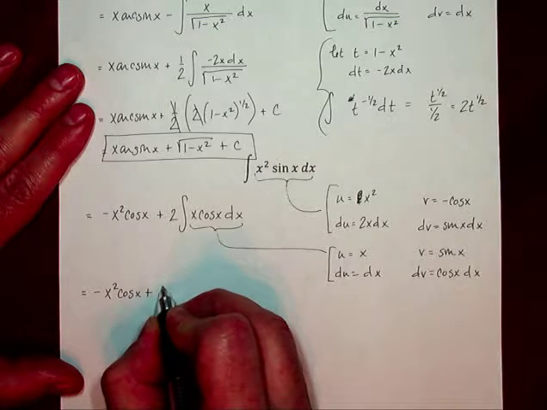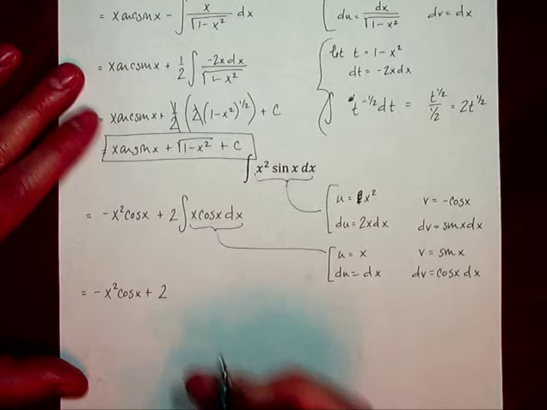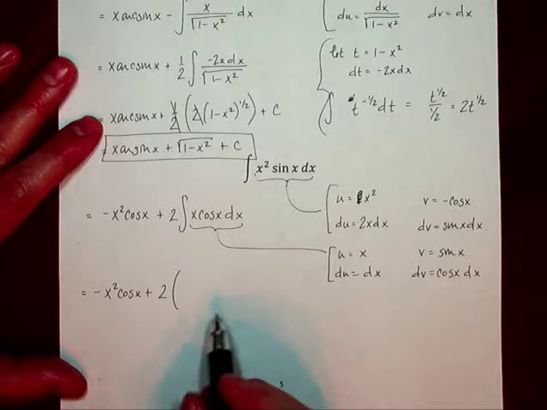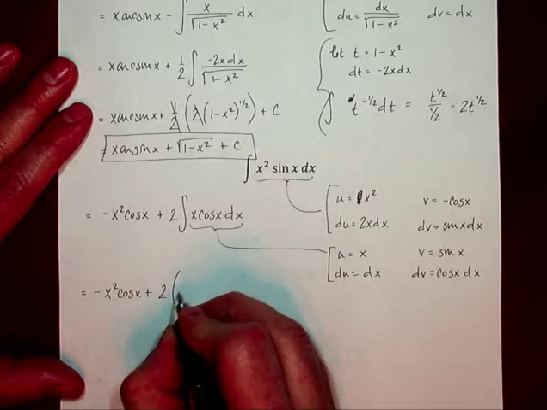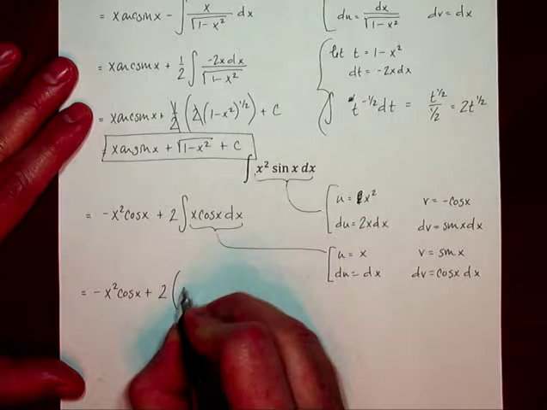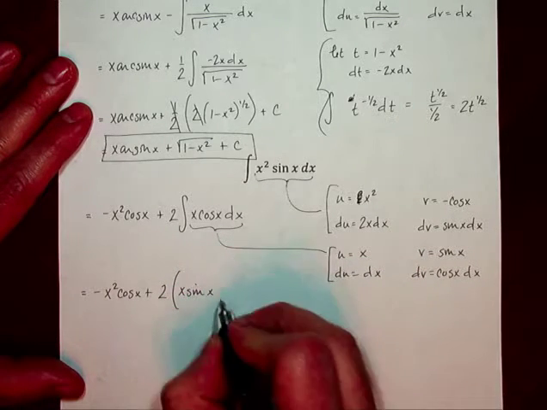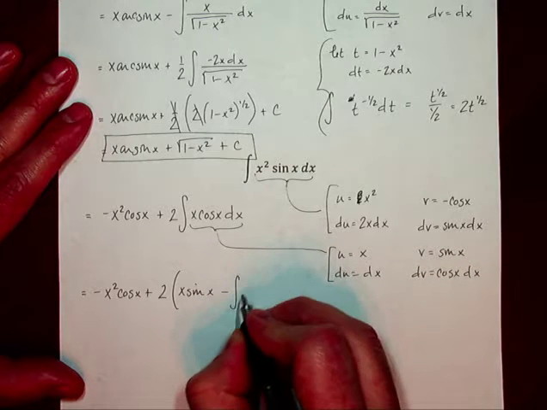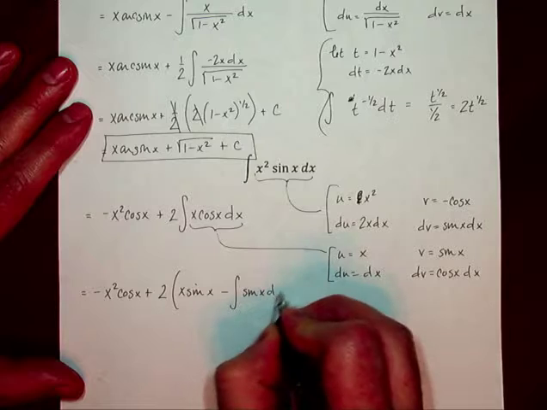But remember this 2 that's sitting out right here, remember that that's going to have to be multiplied by both terms. So my uv is x sine x, and then of course my v du is sine x dx.